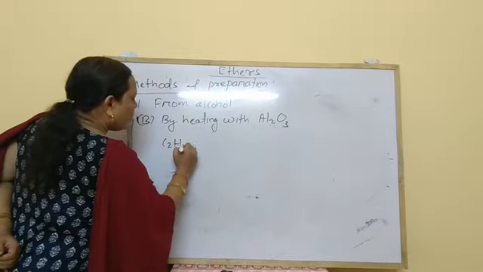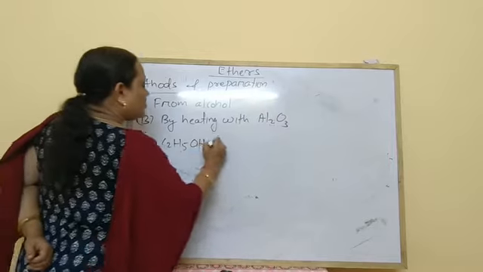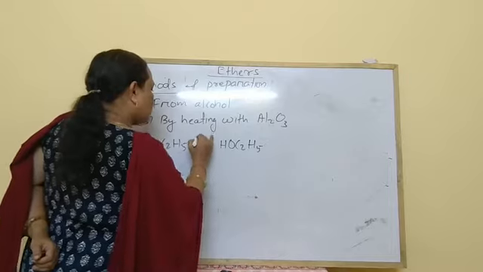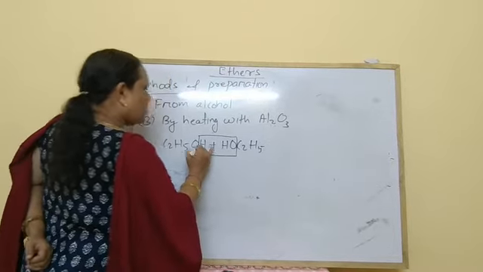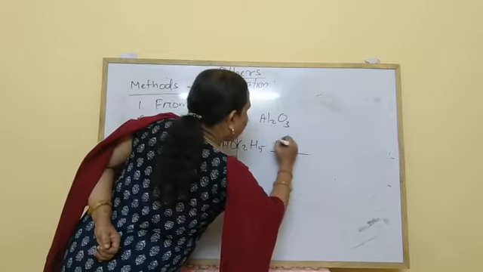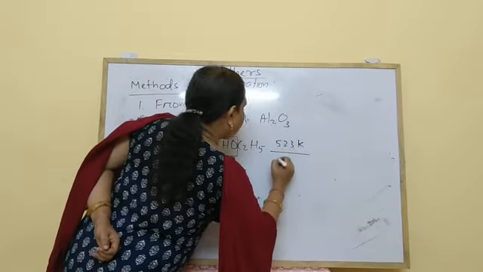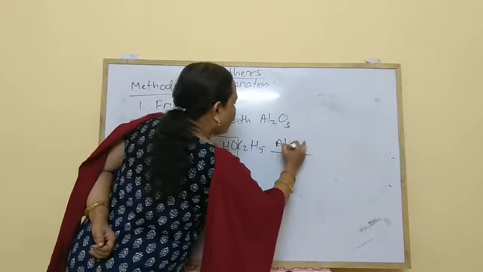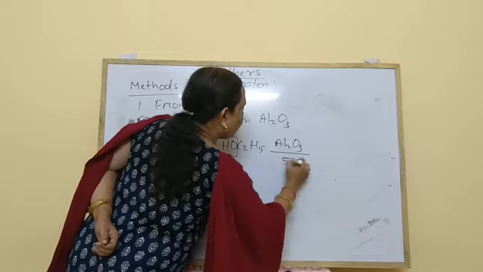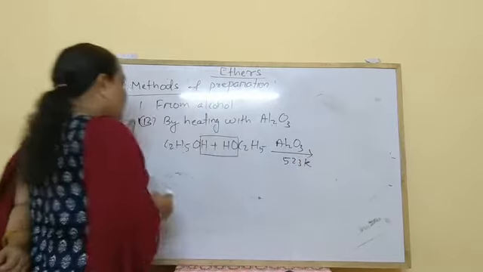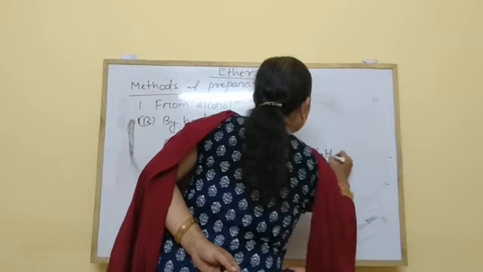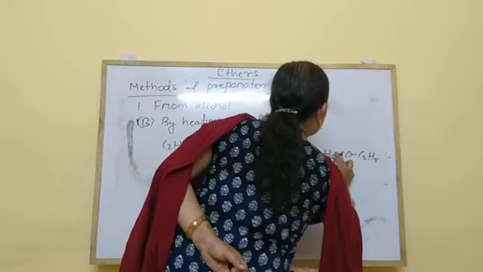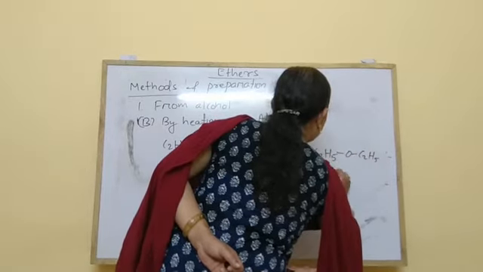Example, ethanol in presence of Al2O3 at 523 Kelvin forms ethoxyethane.